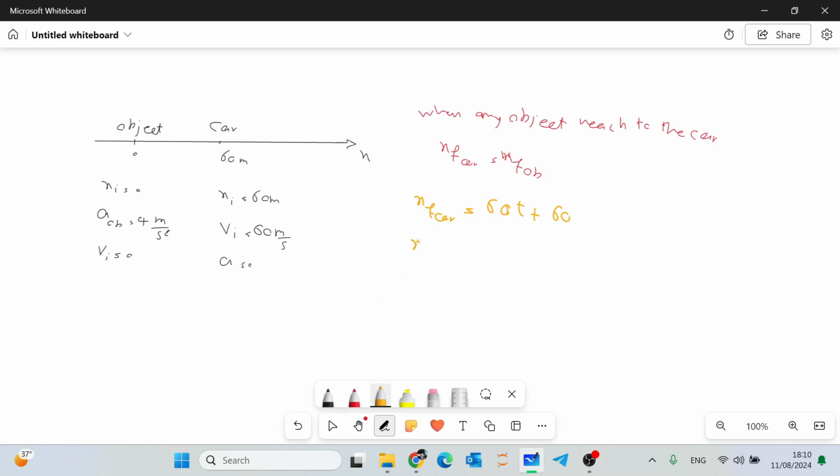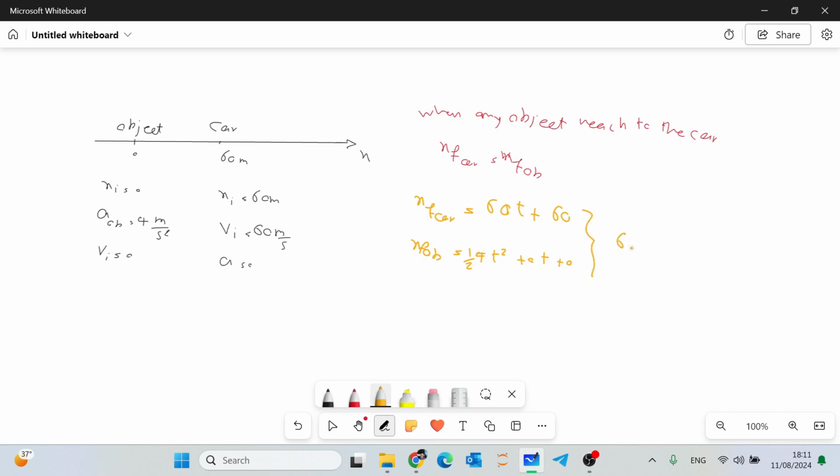The other is the final displacement of my object. It is just half times 4 times t squared, because it has just an acceleration but without any initial velocity or initial point. So they should be the same.